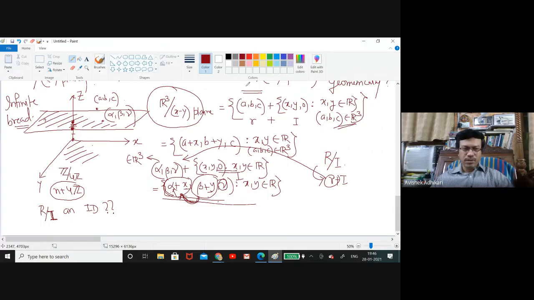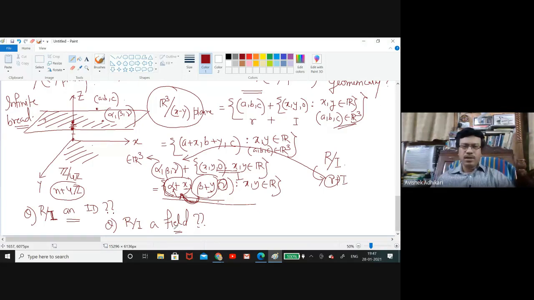Now try to think about this question. It's homework for you. Or is R quotient I a field? So these are my two questions. They are quite interesting to think about: what R quotient I looks like.